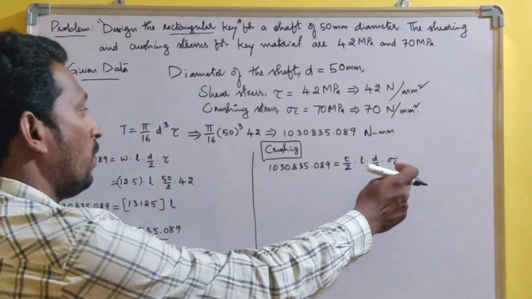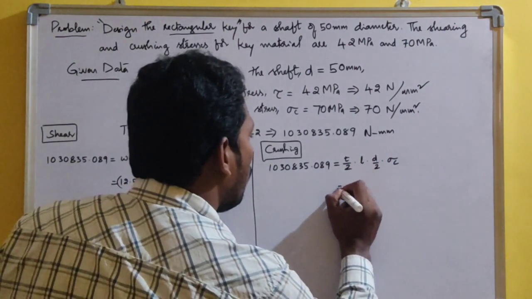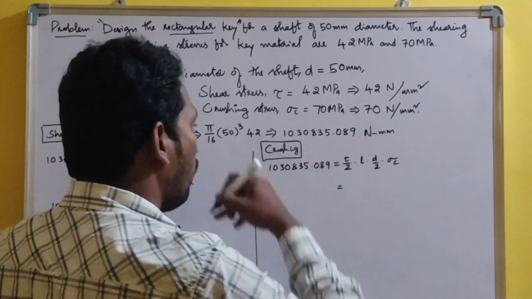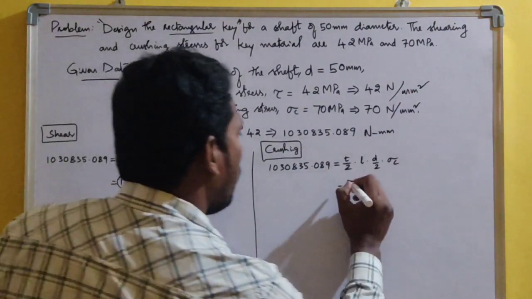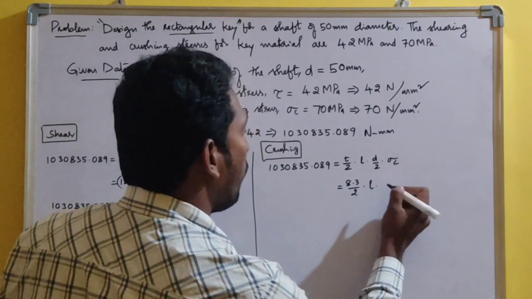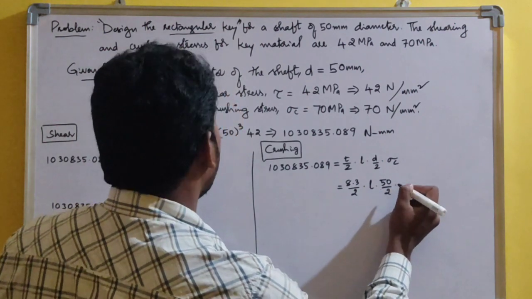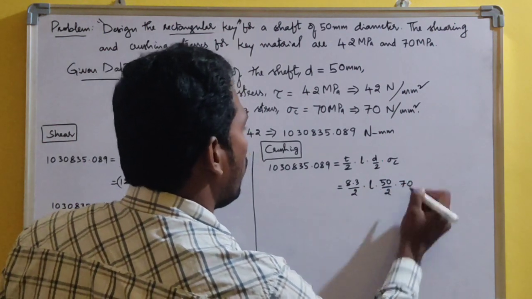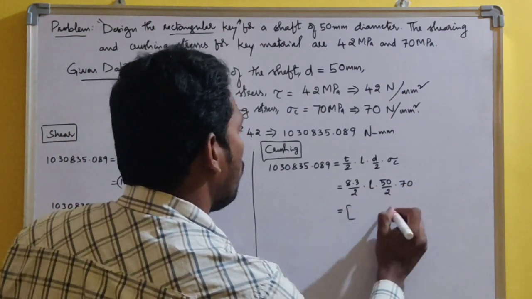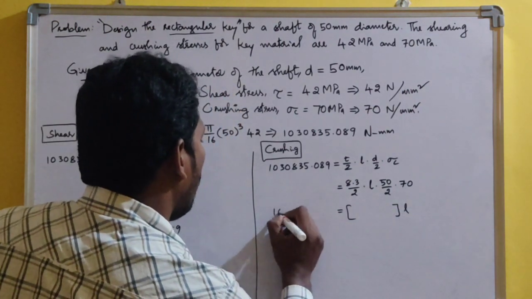Here the value of t we have already found, that is 8.3, divided by 2, L is the unknown parameter, d is 50 divided by 2, and sigma c value is 70.